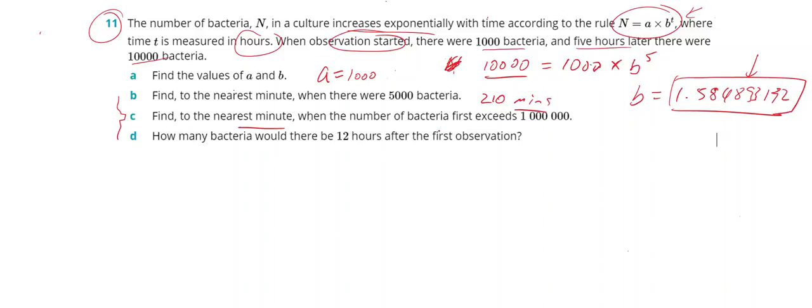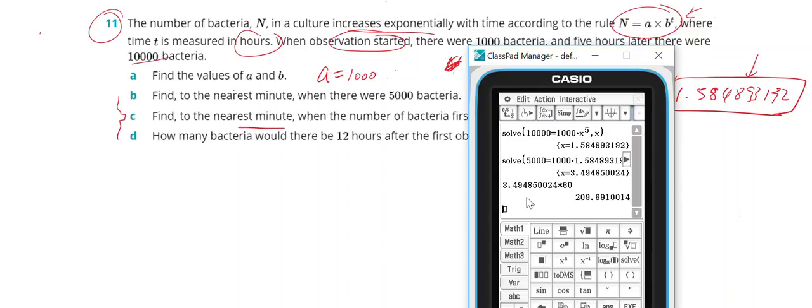Find, to the nearest minute, when the number of bacteria exceeds 1 million. Okay, so similar question. When n is 1 million, what is the value of t? So we go 1,000 times my b value to the power of t, which I'll put as x.